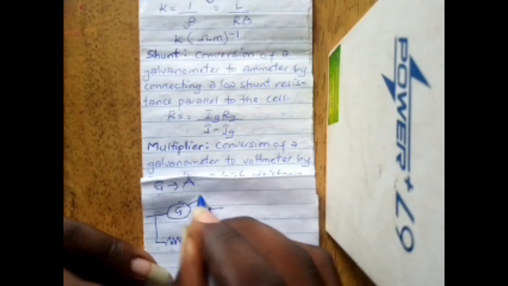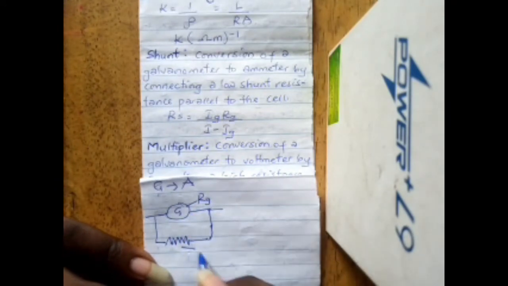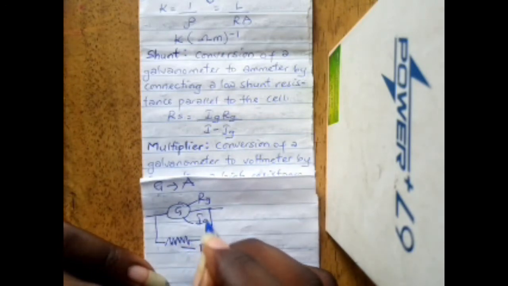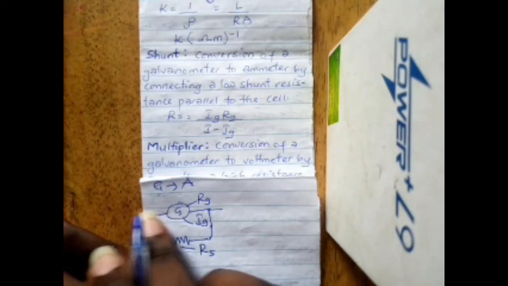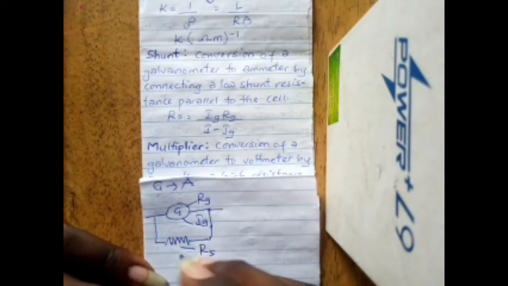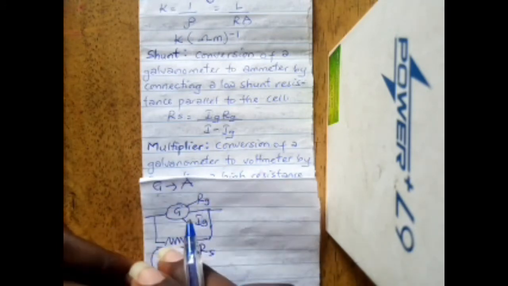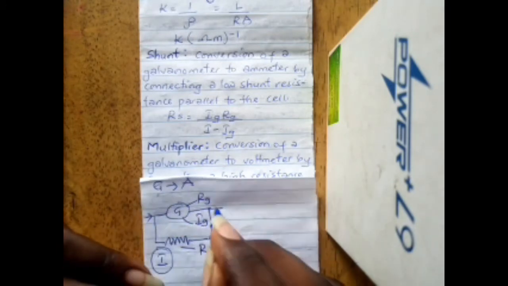The resistance of the shunt. Now this galvanometer has its own resistance. The shunt, which is the low resistance, has its resistance. The galvanometer also has its own current flowing through it. A certain current also flows through the whole setup.